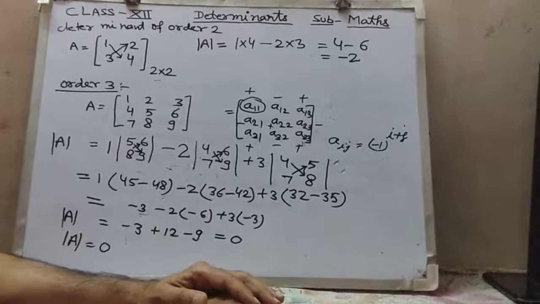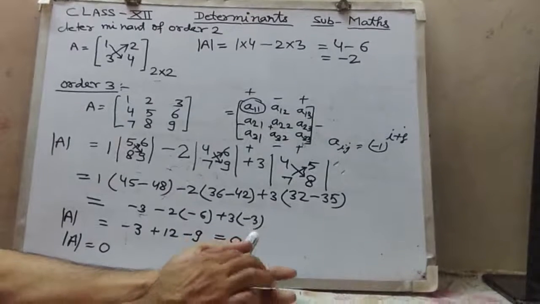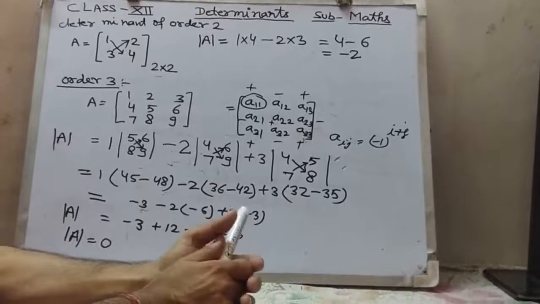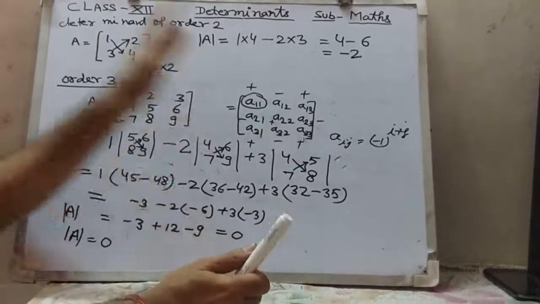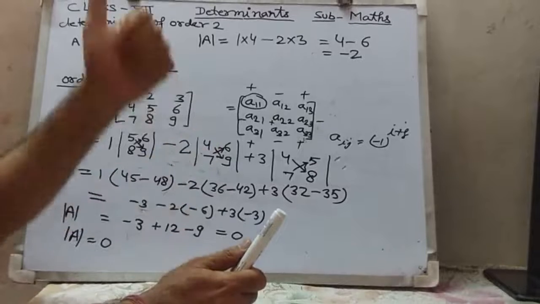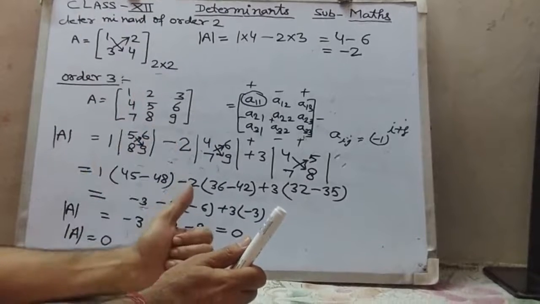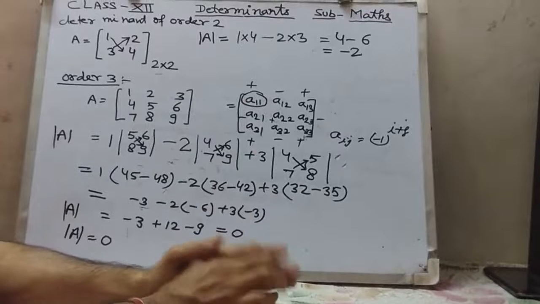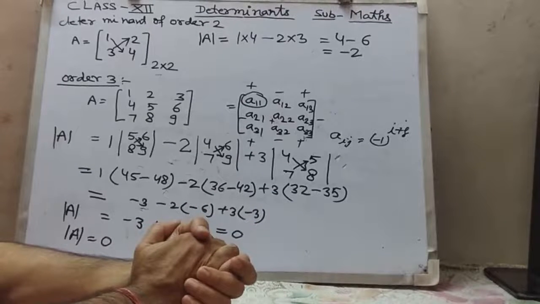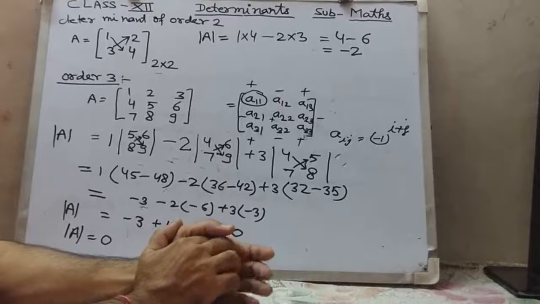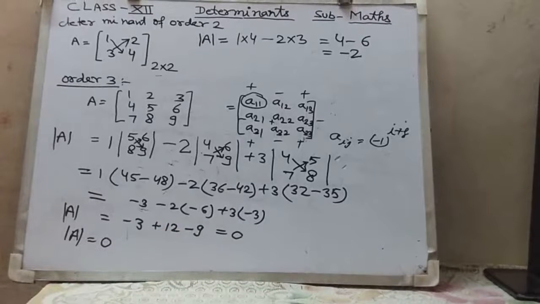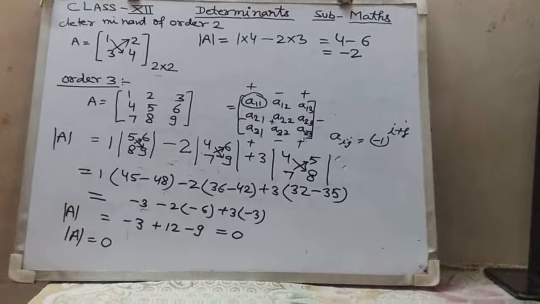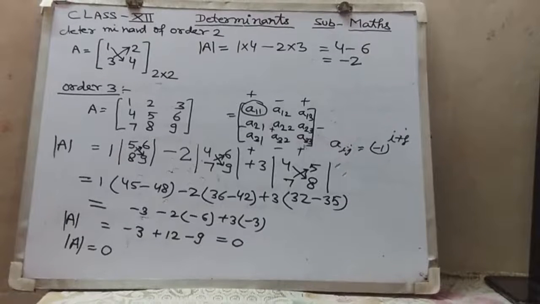So, for finding the determinant of a square matrix of order 3 or more than 3, the process will be same. First we will convert it into order 2 by 2, then we will find its determinant. So determinant can be found by expanding along any row or any column. Then again we are talking about some of its properties.